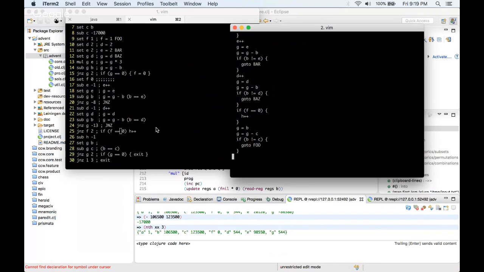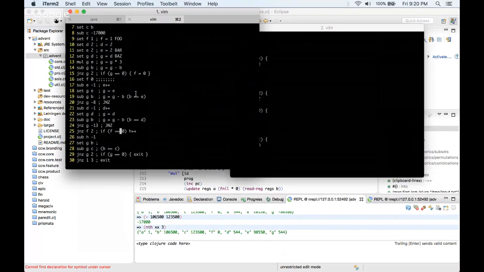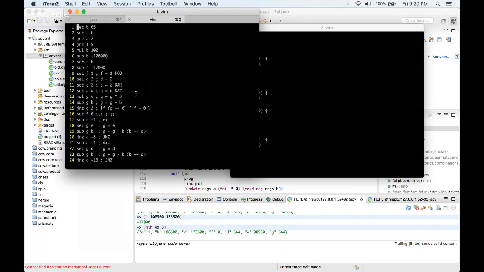Okay. So basically, it seems like the program needs to get to a point when B, E, D, and C are all the same. Are all the same value.